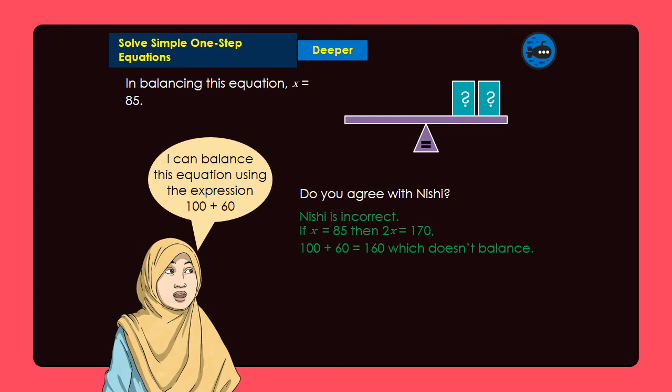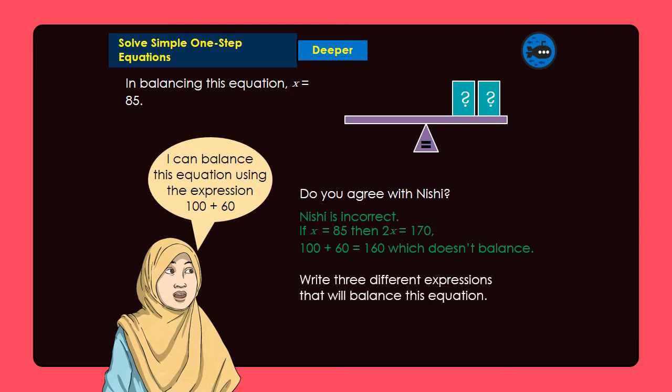We can work that out quickly by doing 2 times 80, 160, and 2 times 5, which is 10, and adding our answers together. Nishi says that 100 plus 60 equals 160, but that doesn't balance out our equation. Okay? We know that we would need to make 170 to balance this out. So, sorry, Nishi, but you're wrong this time.